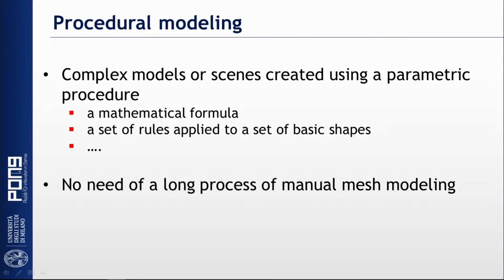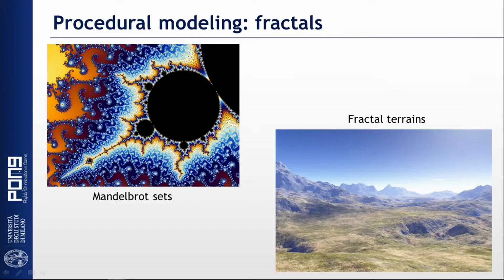Just to give a brief introduction to procedural modeling, procedural modeling is based on some equations, some set of rules applied to basic shapes in order to create automatically a complex scene without having to model manually all the features in the scene.